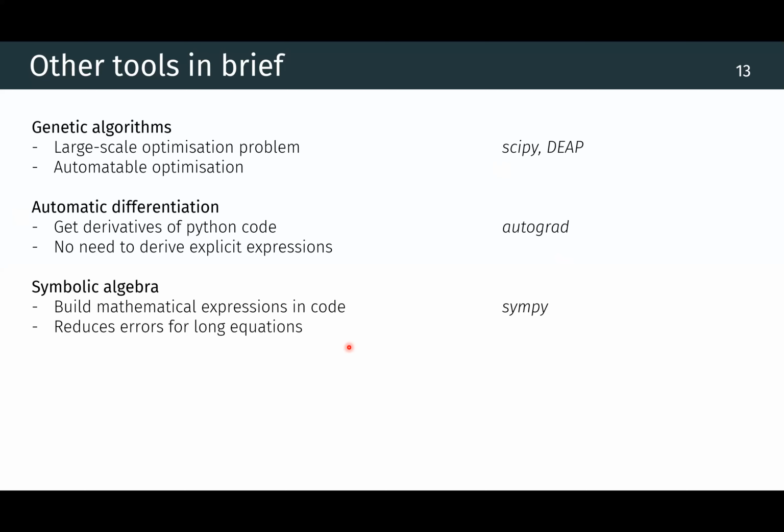I just want to show you that you can do that in Python as well, which is nice because that interfaces with NumPy and the rest of the Python ecosystem. So you can build long mathematical expressions directly in Python code and make this a callable Python function with the help of NumPy.